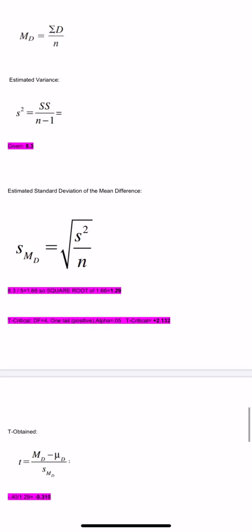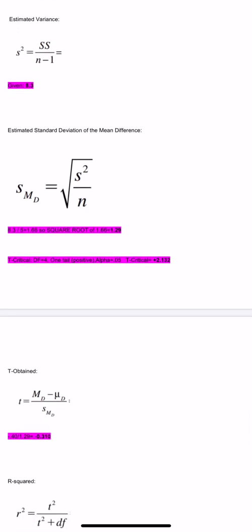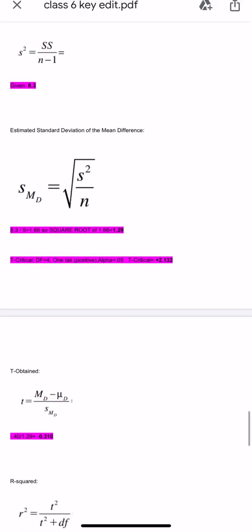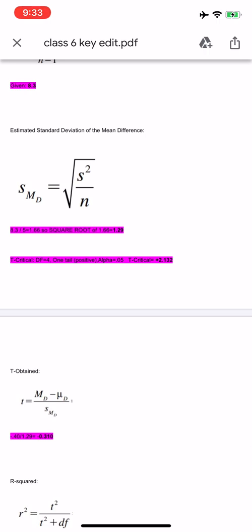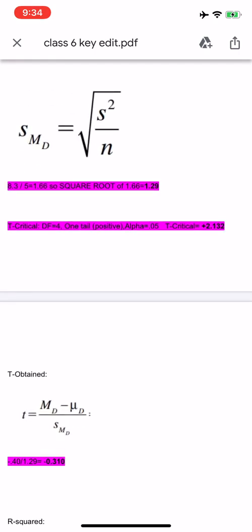Estimated variance, given, 8.3. Estimated standard deviation of the mean difference. So all you do is you take s squared divided by n first, which is 8.3 divided by 5, which equals 1.66. So the square root of 1.66 is 1.29.